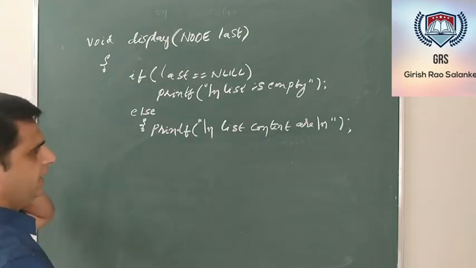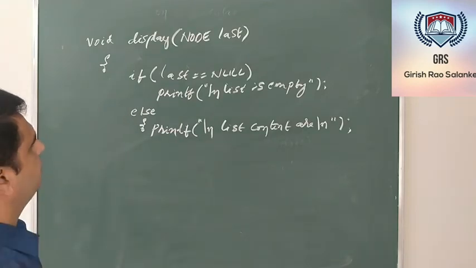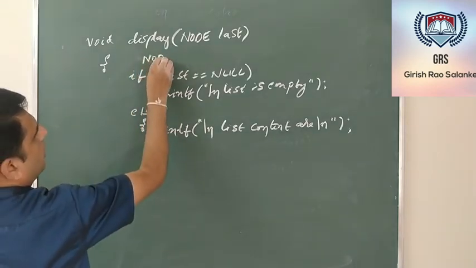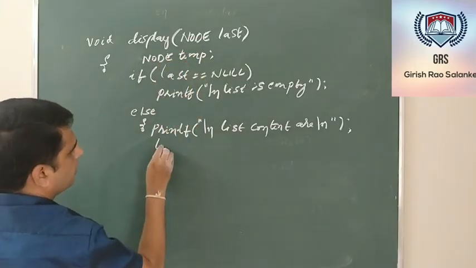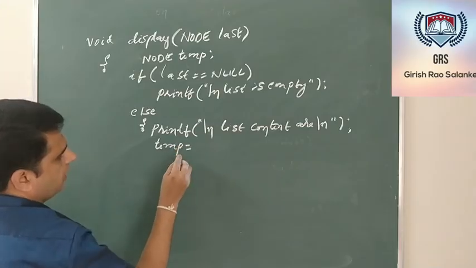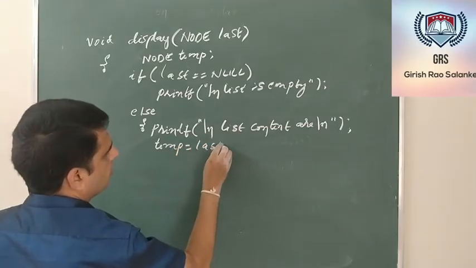Now what you do, I need to display the content of the list from the beginning. So declare a variable called temp. Make temp hold the address of the first node. The first node address is there in last of address.